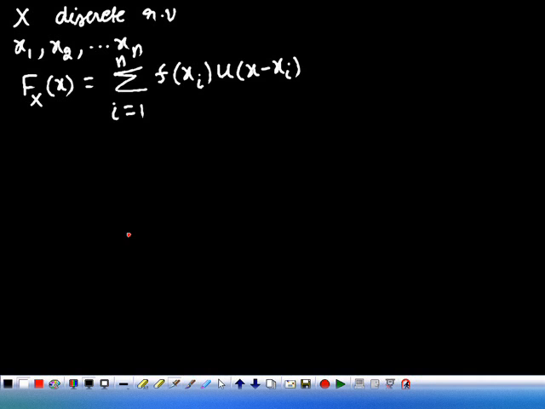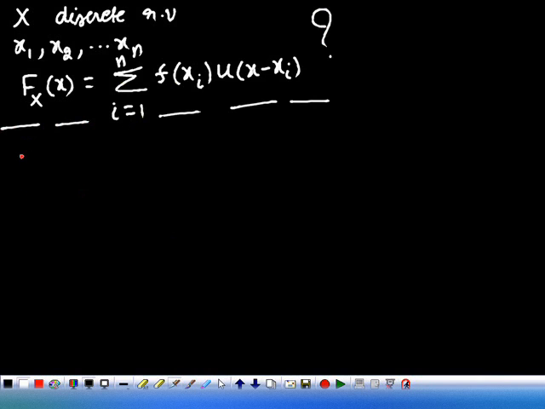Why this expression? If you observe the discrete random variable in the previous example, we already plotted the CDF, which is a stair-step function. Therefore, that function can be represented in terms of unit step functions. So, in general, a discrete random variable CDF can be represented like this: Fx of x equals sigma i equivalent to 1 to n, f of xi, u of x minus xi. Is it right?